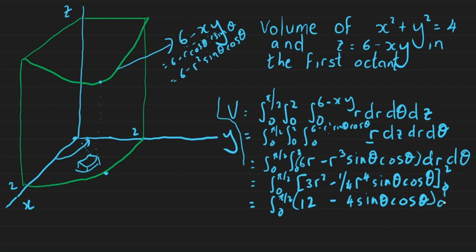And lastly, this is just integrated with respect to theta. And when we do that integration, the integral of 12 is just 12 theta plus the integral of sine theta cos theta is just cos squared theta, and of course we need to take consideration of this 4, so we would multiply it by 2.